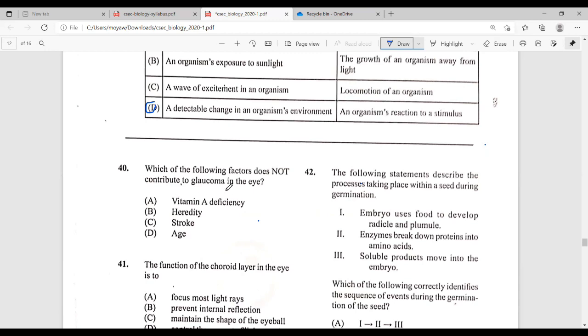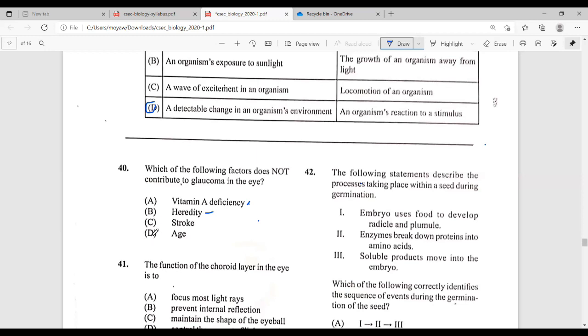So we have vitamin A deficiency. So with vitamin A deficiency, it is more a preferred choice of treatment if we were talking about night blindness. But we're not talking about night blindness here. The heredity, so glaucoma can definitely be inherited from generation. So it can be passed down from either your parents to you, your grandparents. So it is inherited. So that's true. Stroke could definitely cause glaucoma as well as your age.